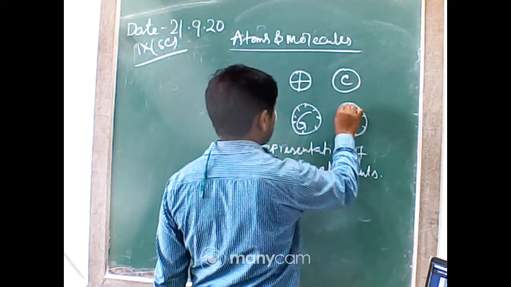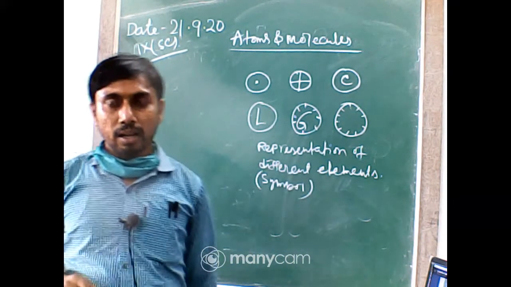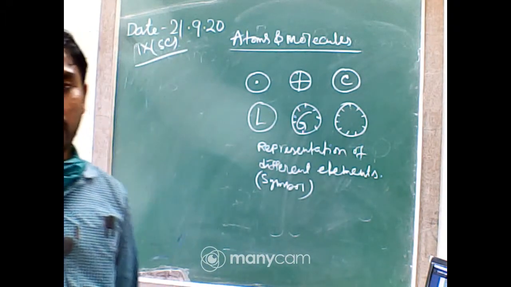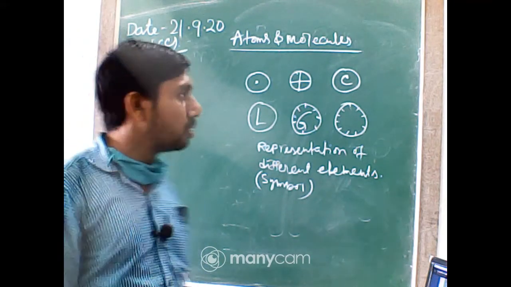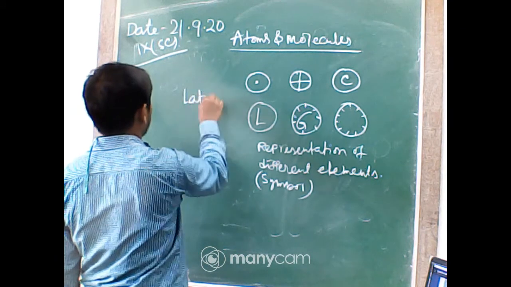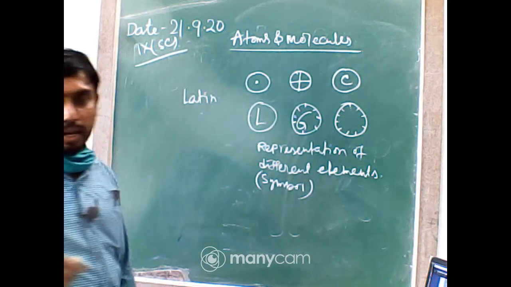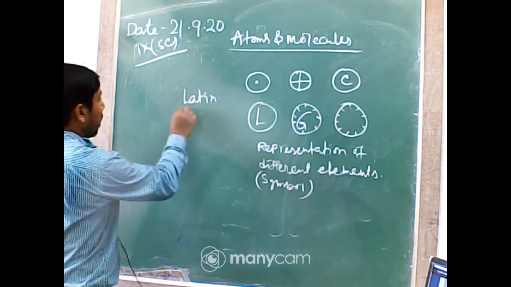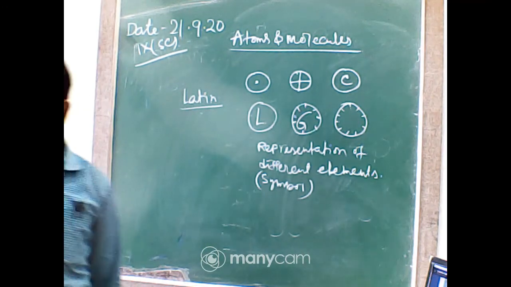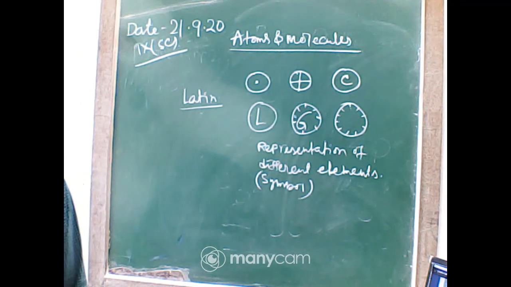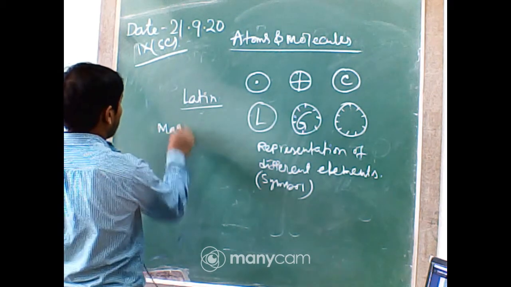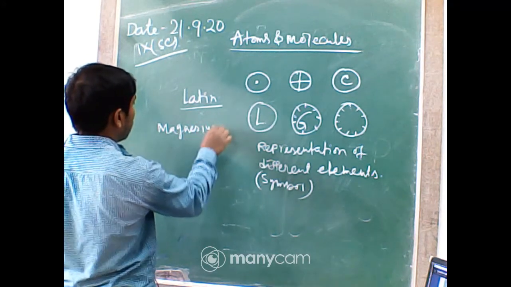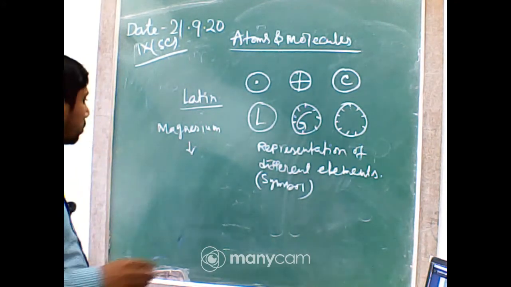Now these names are collected, some from Latin words, and sometimes just from the first letters. For example, I am coming with one example, magnesium. Now, this is the spelling of that word.